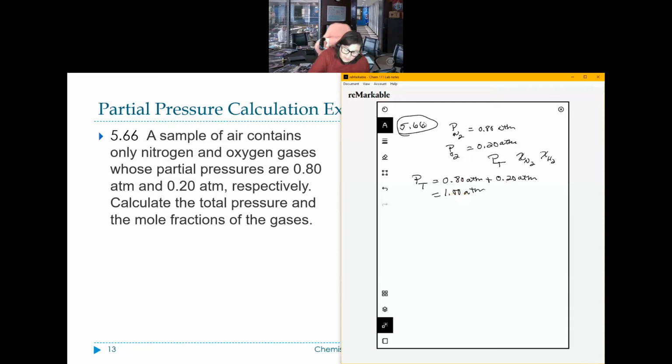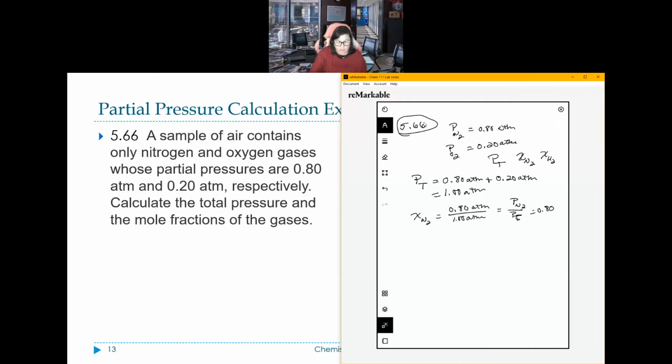Awesome. I also know that the mole fraction for N2 is the partial pressure of N2, so the 0.80 atm, over the total pressure, which is the PN2 over PT, which is 0.80.